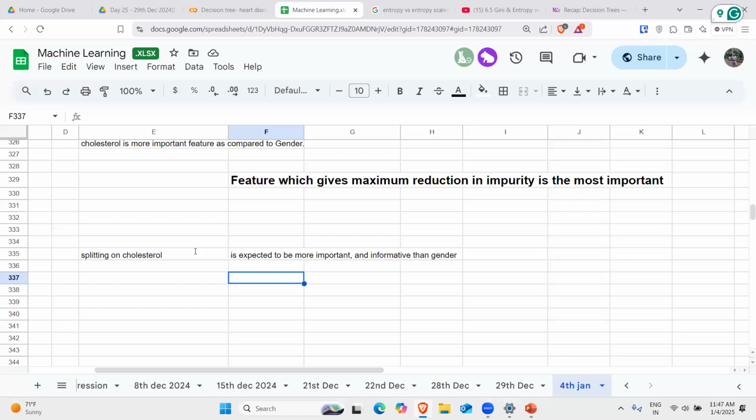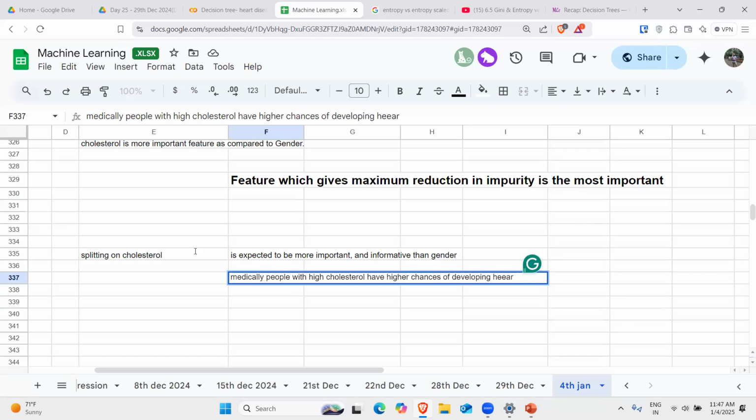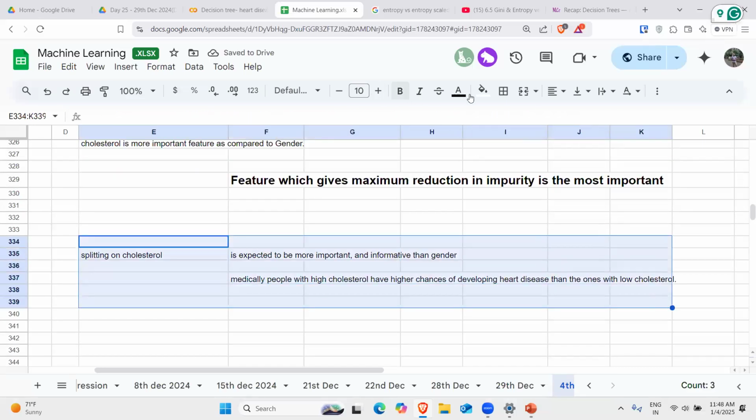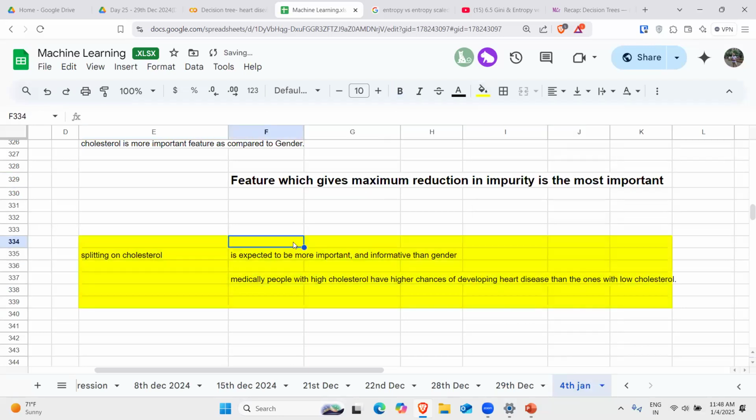This is because medically, people with high cholesterol have higher chances of developing heart disease than the ones with low cholesterol. Simple, right? So that's what we have.